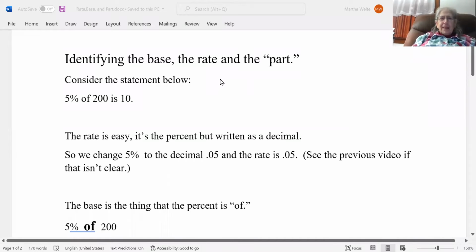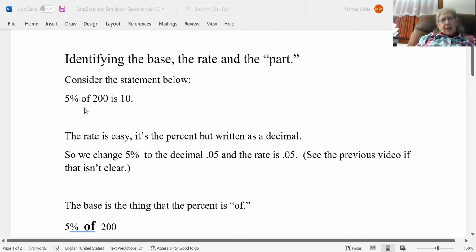So let's go to my prepared work here. Okay, identifying the base, the rate, and the part.